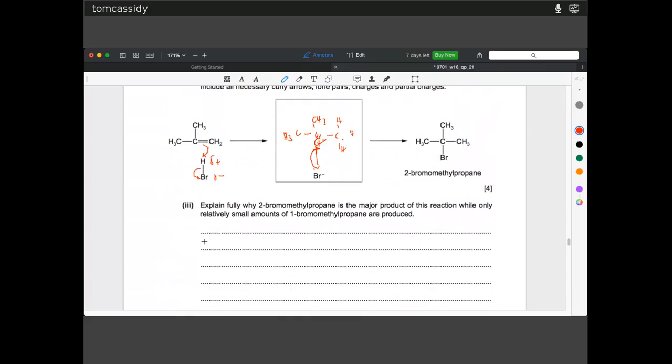So the major pathway is that we had a tertiary carbocation. You can see there the tertiary carbocation has 3 different methyl groups around it. And if the positive charge was over here, that's the minor product, and that would be a primary carbocation.